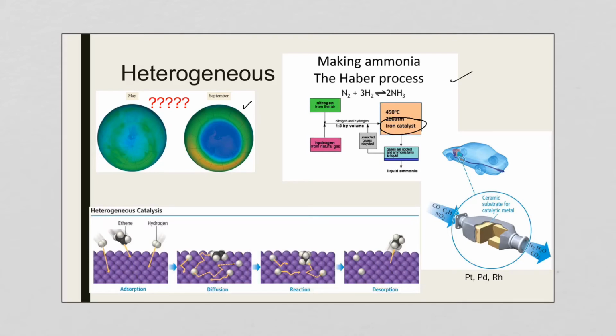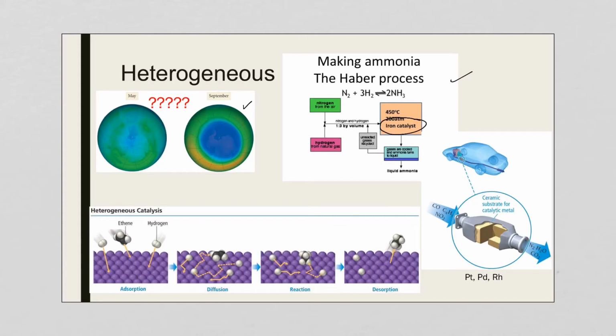We'll talk more about the Haber process in a later chapter when we talk about equilibrium. But this is a relatively slow process, the reaction between nitrogen and hydrogen, right? But the presence of this heterogeneous iron catalyst helps speed up this process. So, Haber process, this is another example.